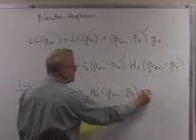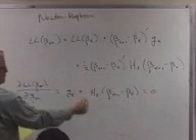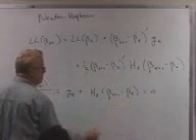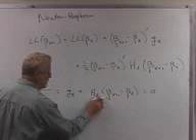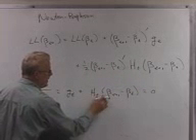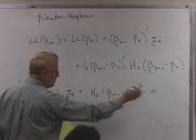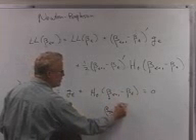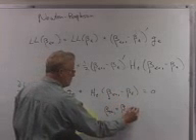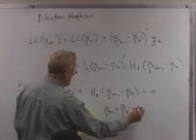Set that equal to 0. Rearrange, take this over to the other side. And then divide by this, and move that to the other side. That gives you beta t plus 1 is equal to beta t minus H t inverse times the gradient.